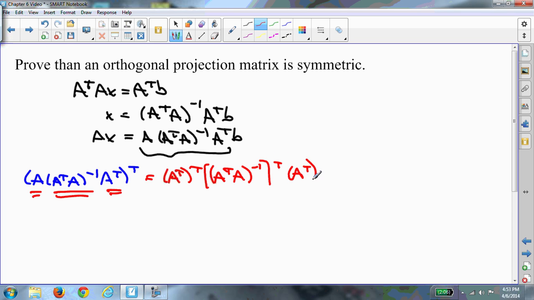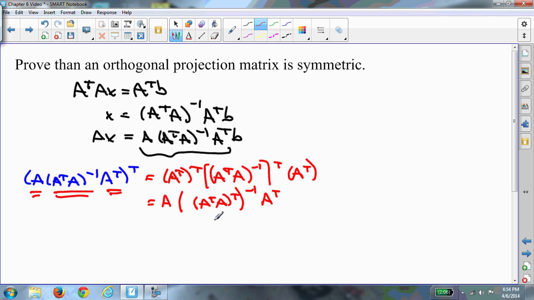But A transpose transpose is just A. Now, I'm not going to distribute the inverse because remember, A itself is not a square matrix, but A transpose A is a square matrix. So I'm going to use my other property, which says that (A transpose A) inverse transpose is equal to (A transpose A) inverse. And then we have an A transpose here.